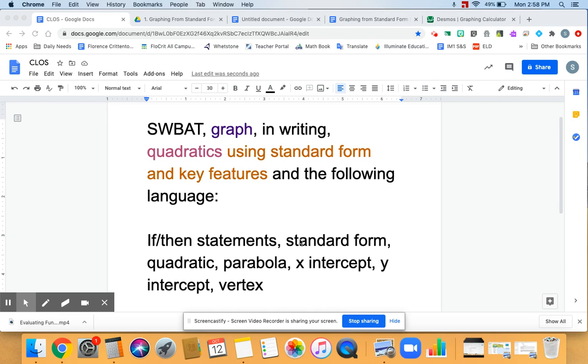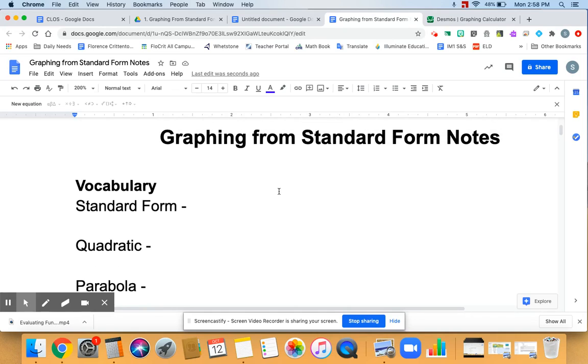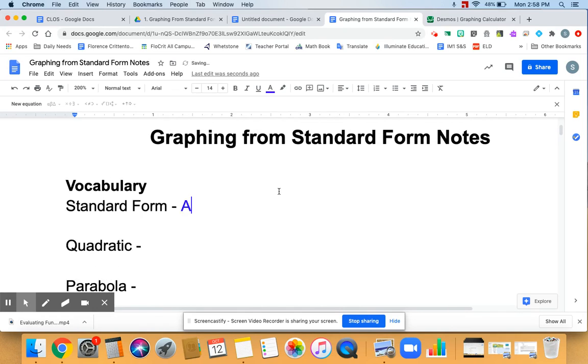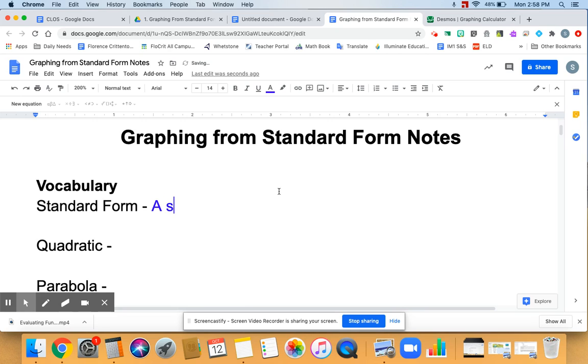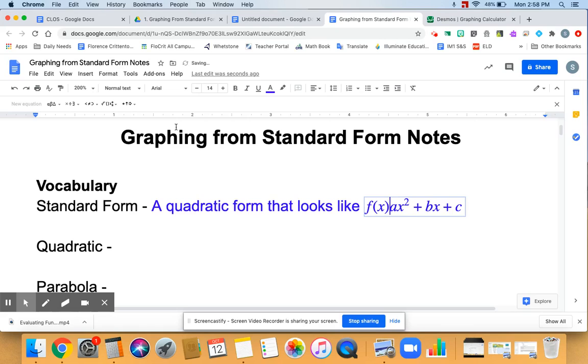So, to begin, let's start with all the vocabulary words. All right, so standard form is a quadratic form that looks like f of x equals ax squared plus bx plus c.